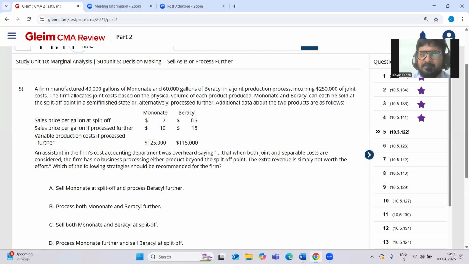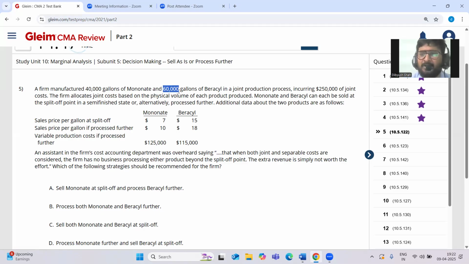Come to Beresyl. Selling price per gallon if processed further is 18, and at split off it is 15. So again I'm getting $3 per gallon extra. And how many gallons are there? 60,000. So total I'm making $1,80,000 extra.